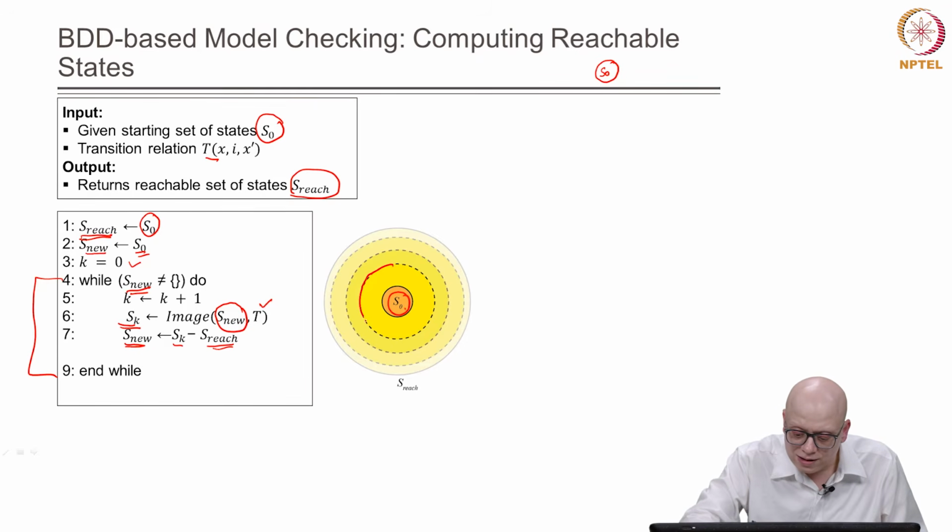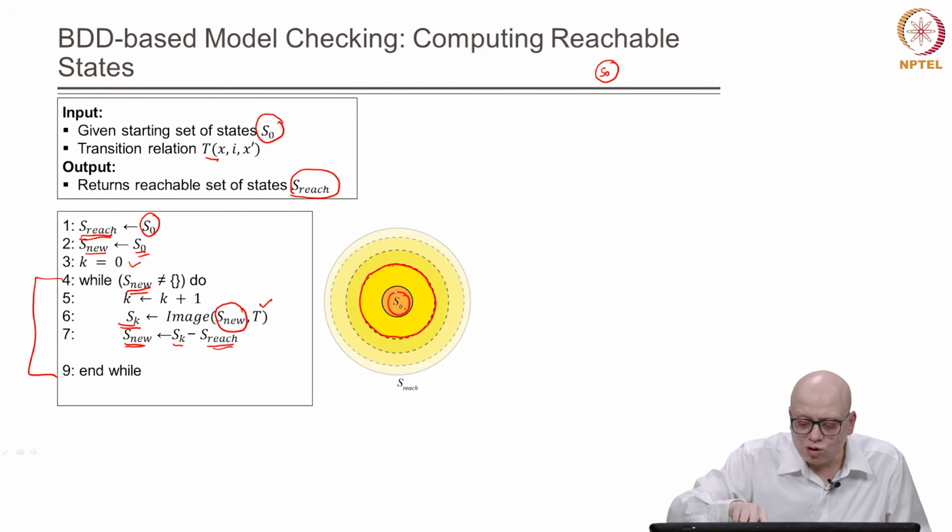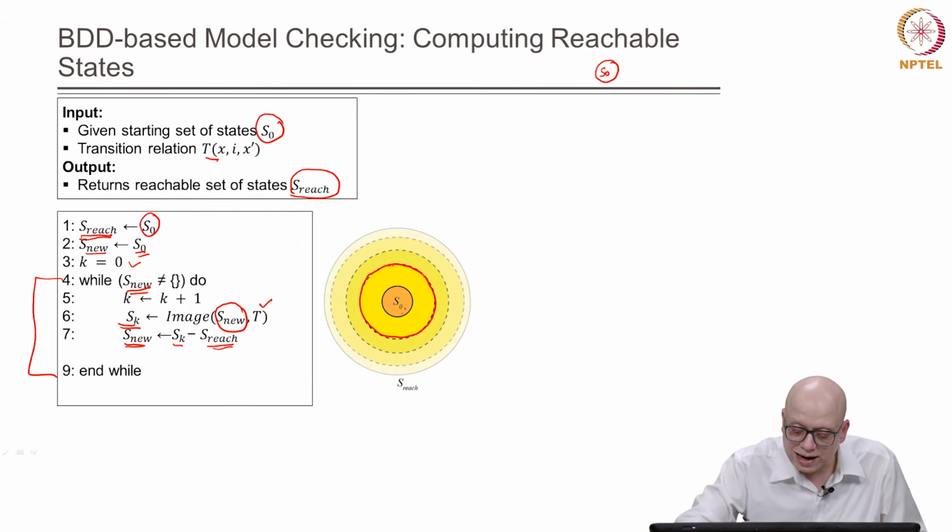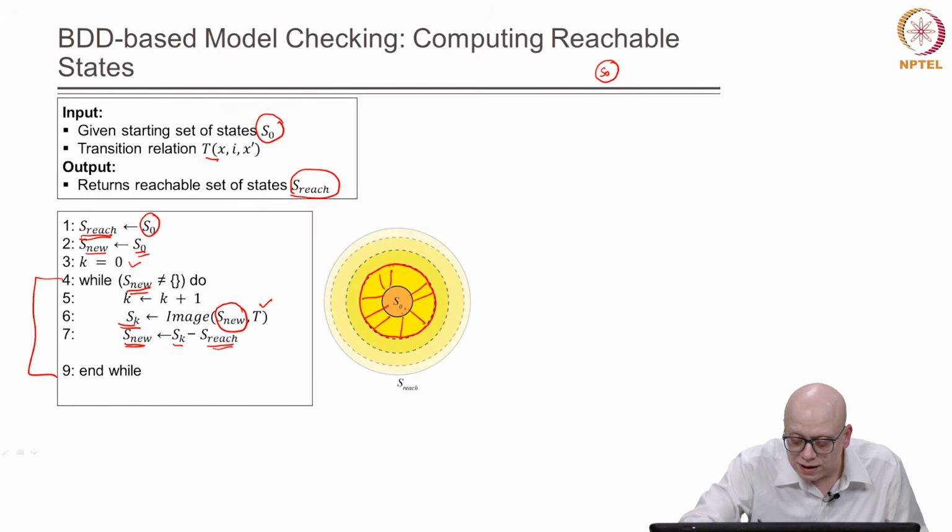Suppose these are the states reached from S0. Then out of this reachable set we remove the already reached states, that was S0, and these are the set of new states. This is S new.